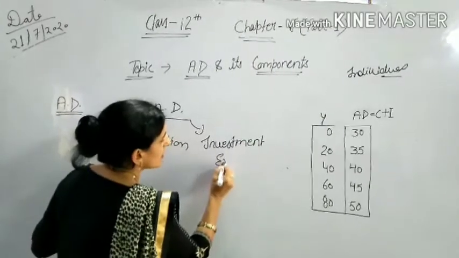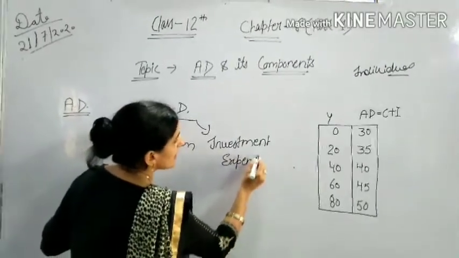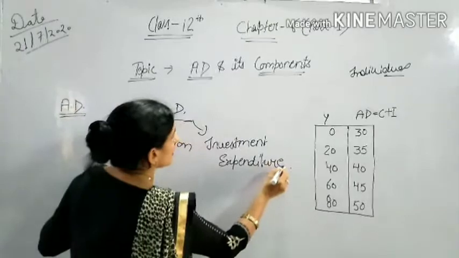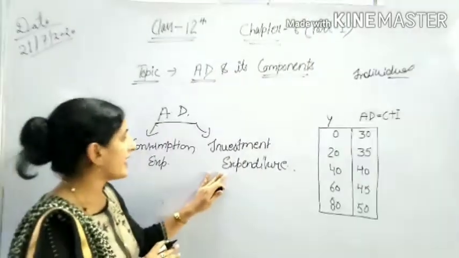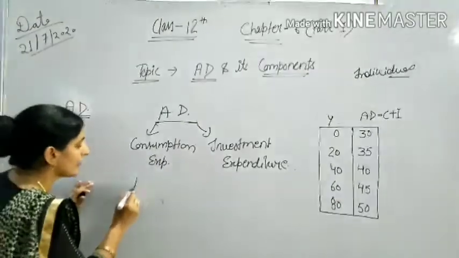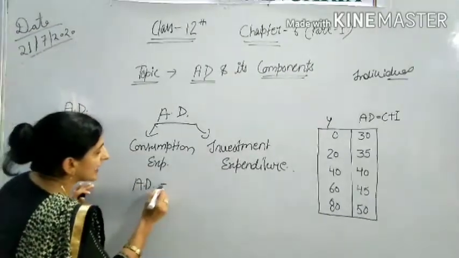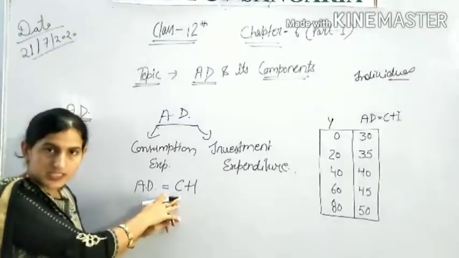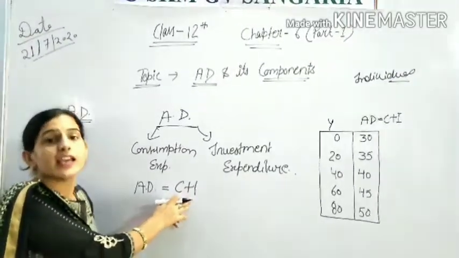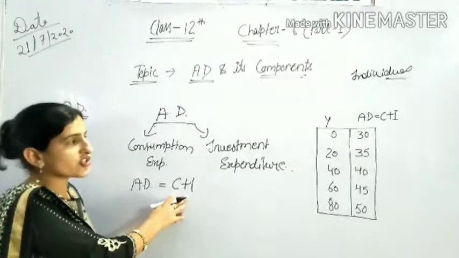So we can also say that AD is equal to C plus I. C means consumption expenditure and I means investment expenditure.